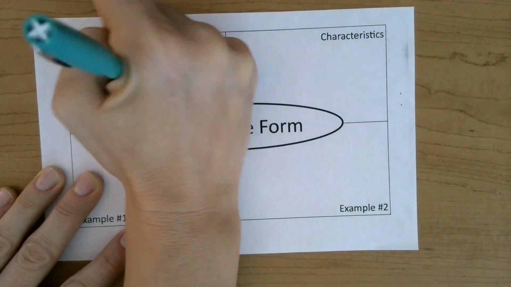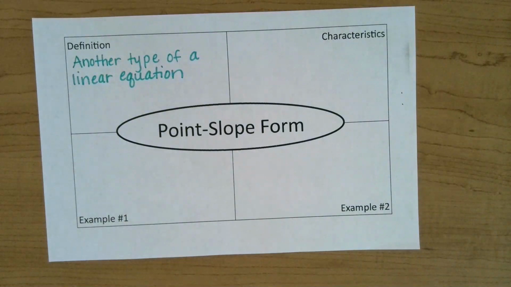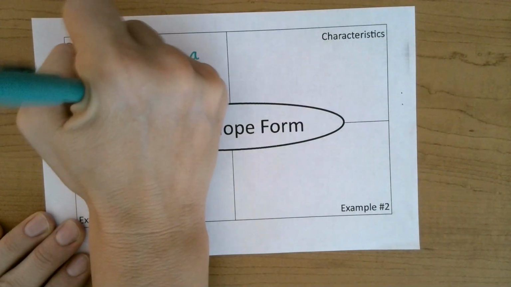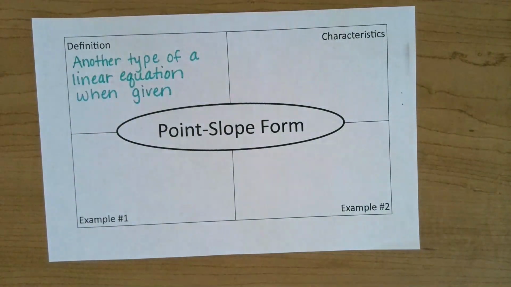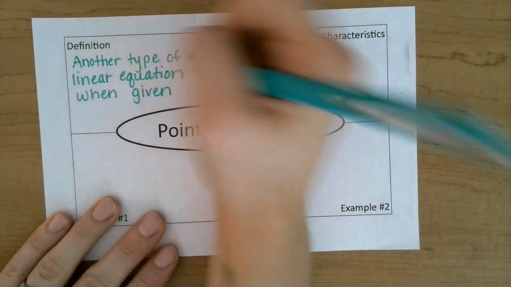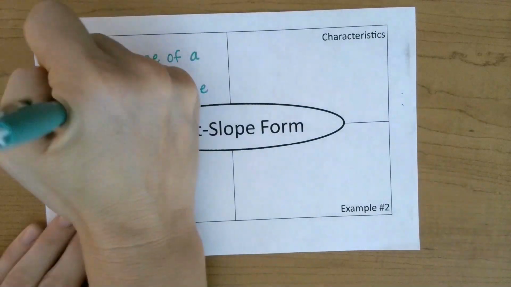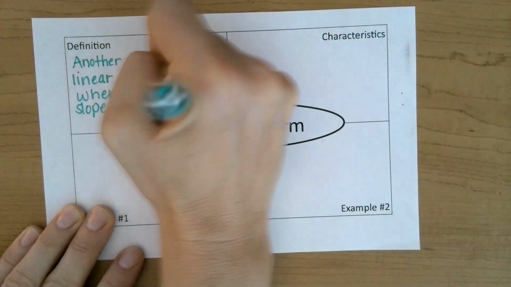Another type of a linear equation when given the slope and a point on the line.